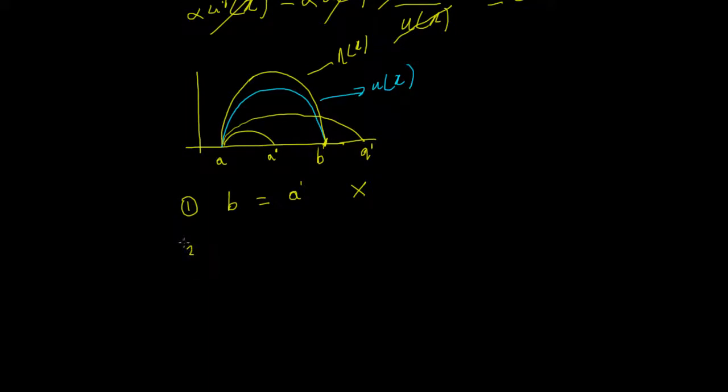Now number 2 is if the conjugate point A dash actually lies within our interval AB, okay, so there's our interval AB, or you could better just write in terms of and say that in this instance here B would be greater than A dash, so A dash is within this interval.